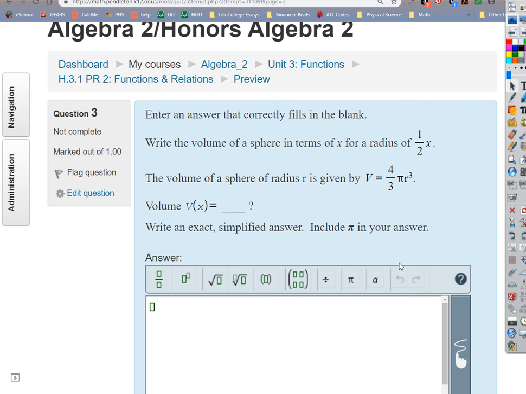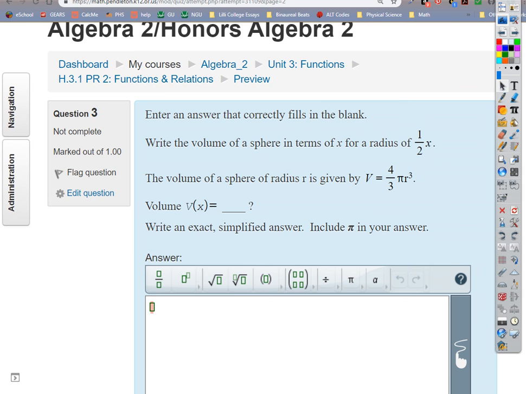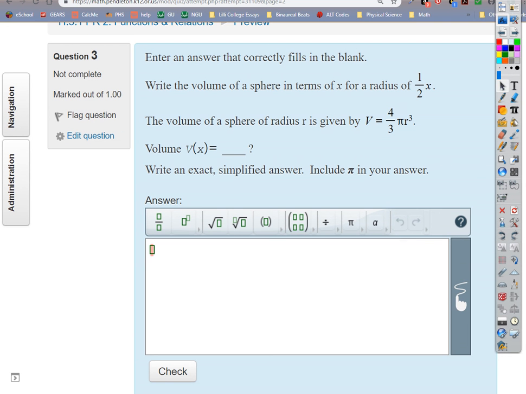What could I do with that? So what's this asking me to do? V is a function of x. Is x the radius? Yeah. Oh.